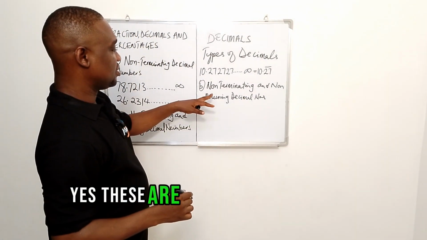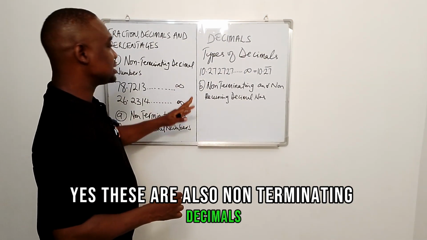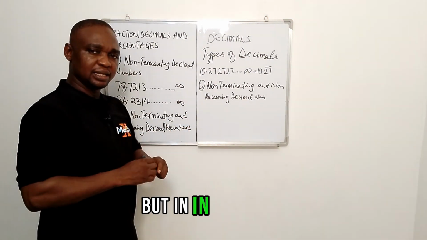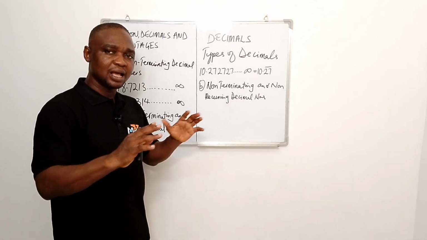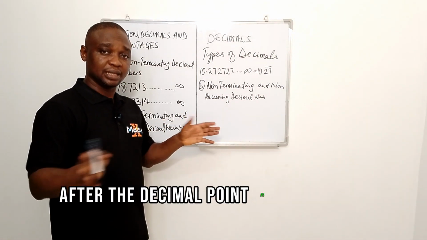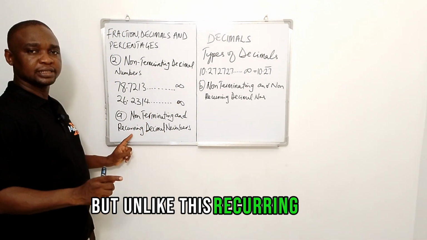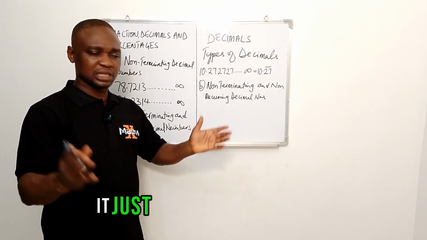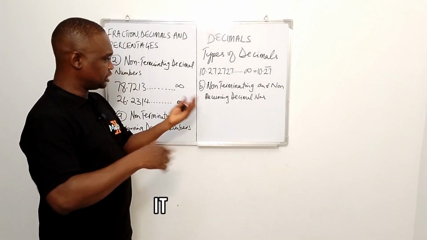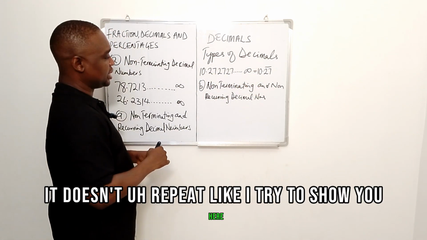These are also non-terminating decimals, but in this case, it has an infinite number of digits after the decimal point, as in they are endless. But unlike the recurring type, the digits follow no specific pattern. It just keeps on running. It changes. It doesn't repeat like I tried to show you here.